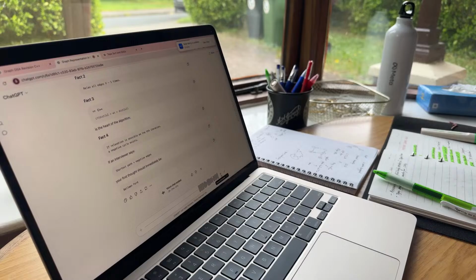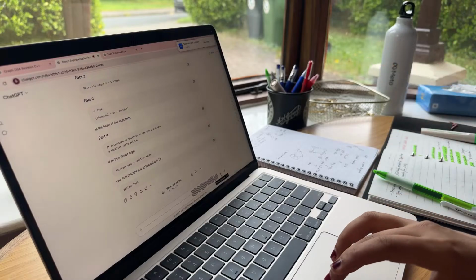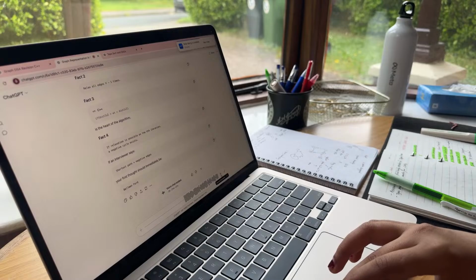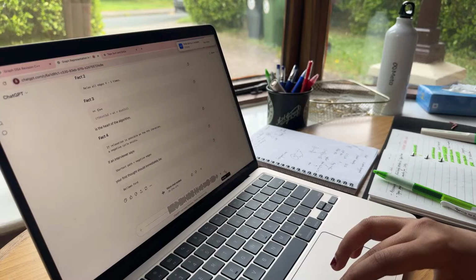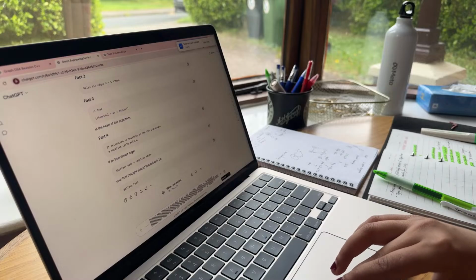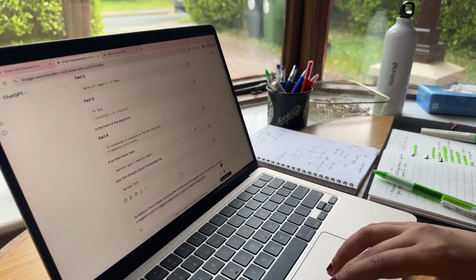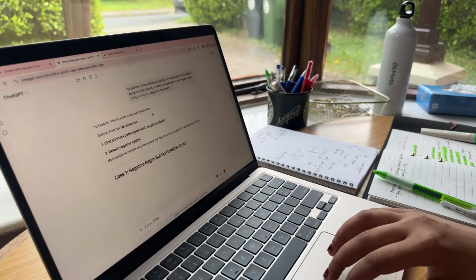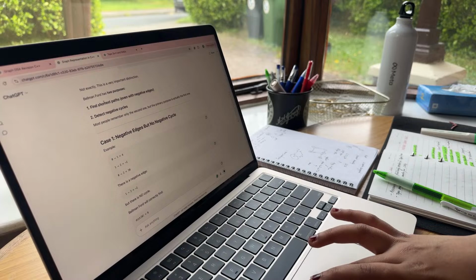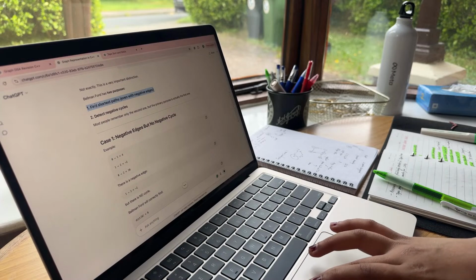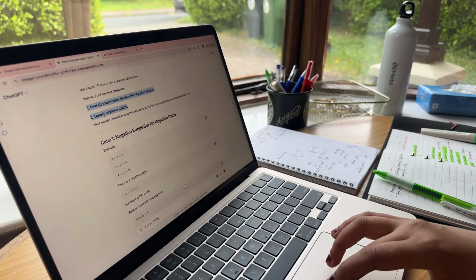It is just helping us detect a cycle in a negative edge graph. So Bellman-Ford finds the shortest path even with negative edges. Second, it detects negative cycles.